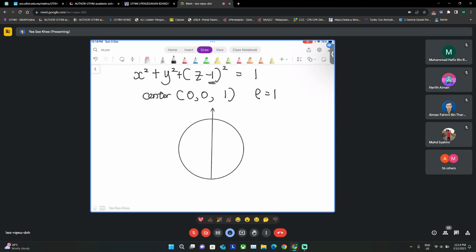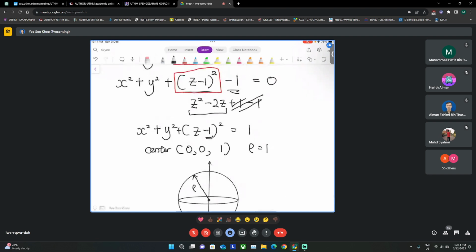And because the radius is equal to 1, you will find that it is in this shape. So the radius refers to this one, the rho. This is the rho of the sphere, equal to 1.